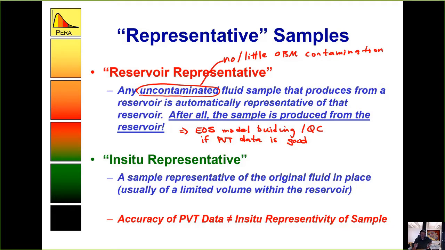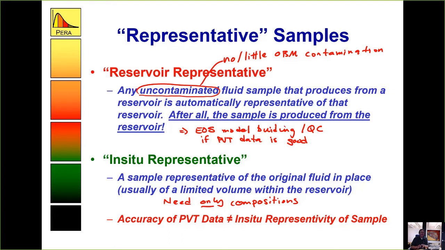Here you only really need compositions for the initialization. You build the EOS based on reservoir representative samples, and then you find out what the compositions are and put those into your model.